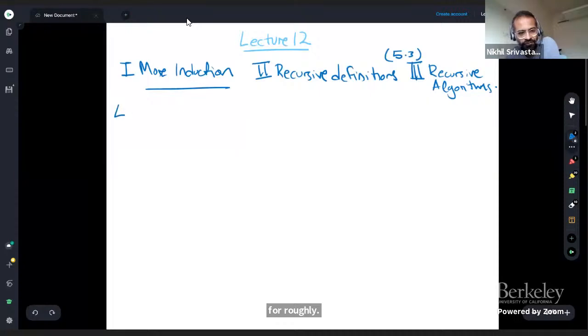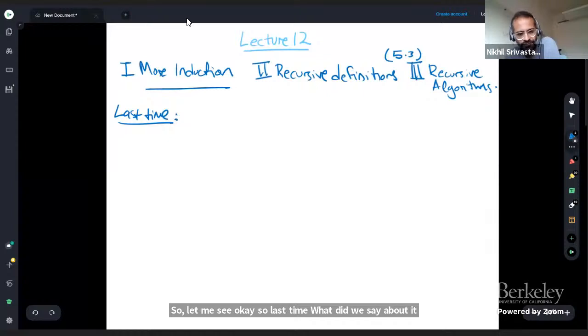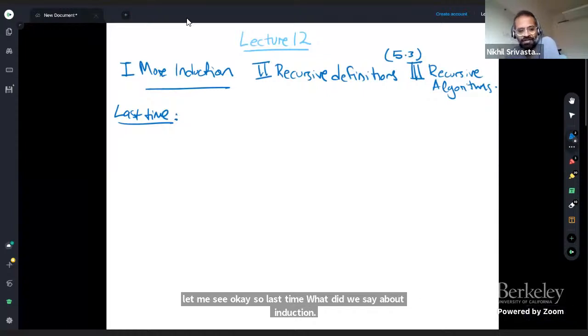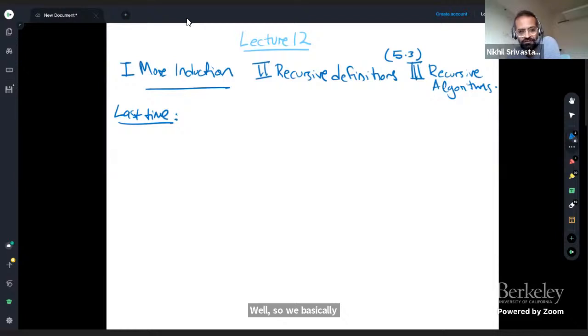So last time, what did we say about induction? We basically introduced two new inference rules.